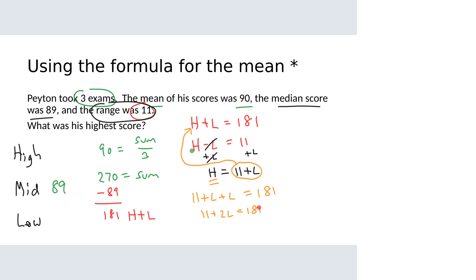We'll subtract 11 from both sides and get that 2L is 170. Divide both sides by 2 and find out that L is 85. So now I know that the low score is 85. And if I add 11 to that, I get the high score, which is 96. And I've got all 3 exam scores. The poll asked, what's the high score? And that's the 96.